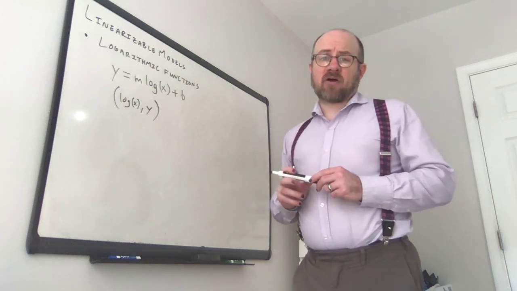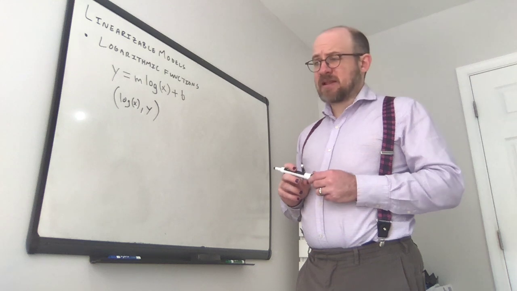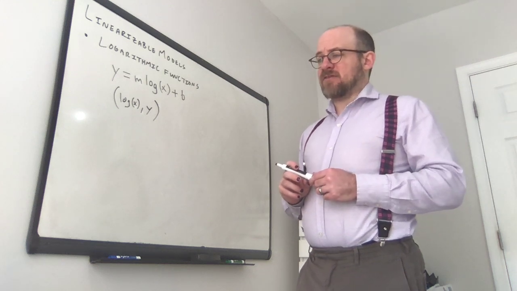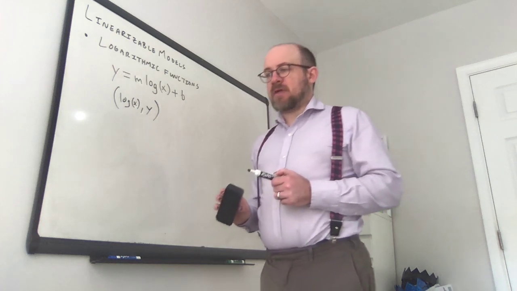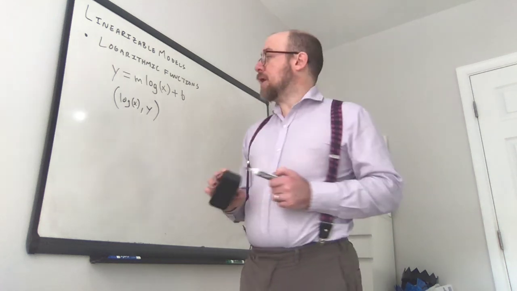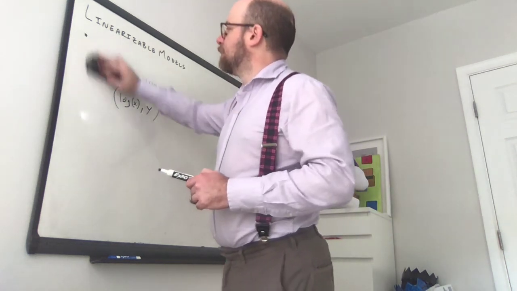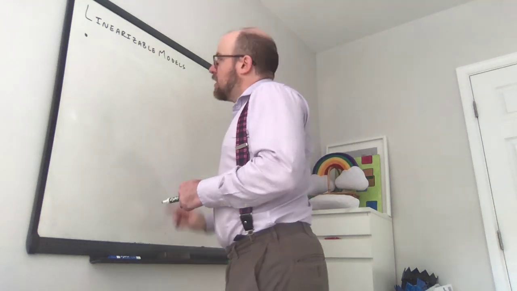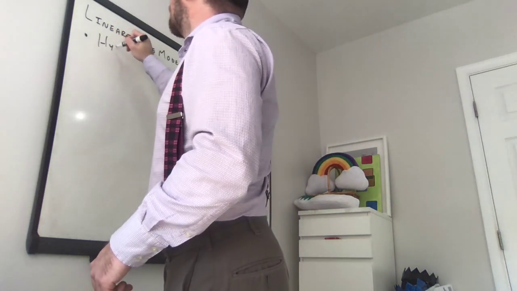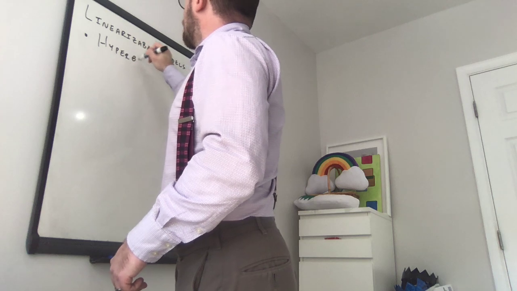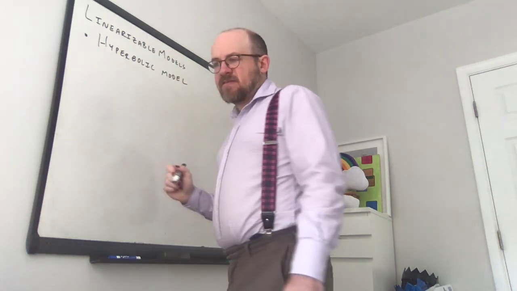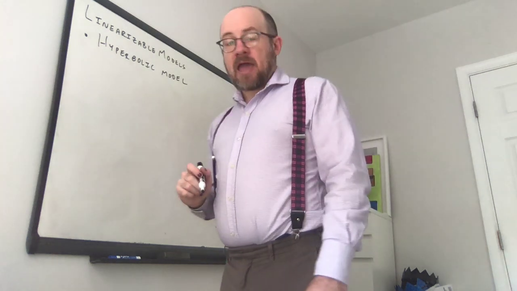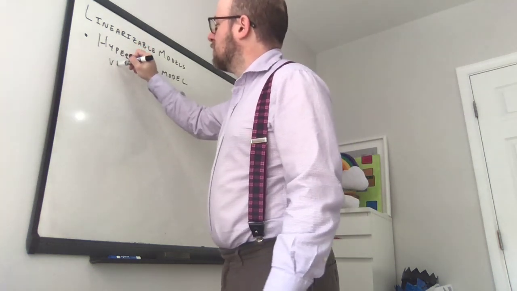Let's look at a non-logarithmic example, because I know you asked about that in class, and it is interesting to see some of those. And one good one is a hyperbolic model. Okay? So in a hyperbolic model, this is something where you have a vertical and a horizontal asymptote.